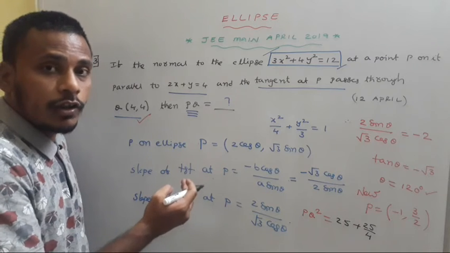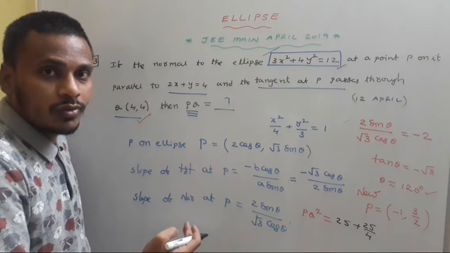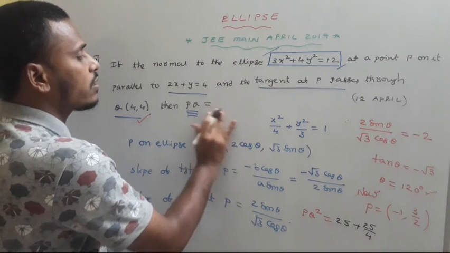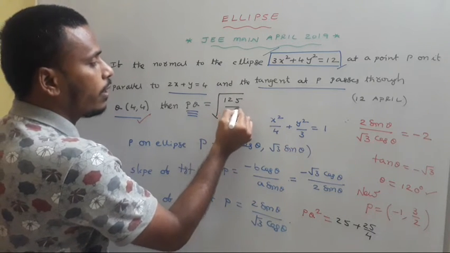So 25 of 1 plus 1 by 4, so 25 into 5 by 4. So finally PQ is square root of 125 by 4.